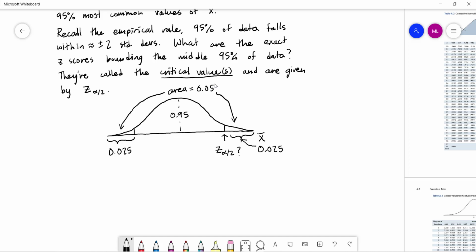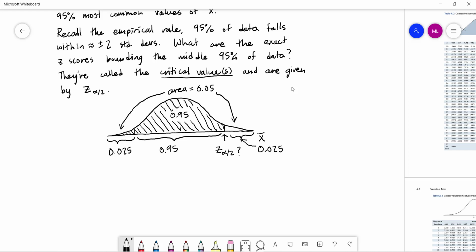And again, the middle area has, we just said, 0.95, 95% of the area. So if I want this z-score here, and I'm measuring everything to the left, because that's how our table works, I need to figure out what is this combined area of everything to the left.